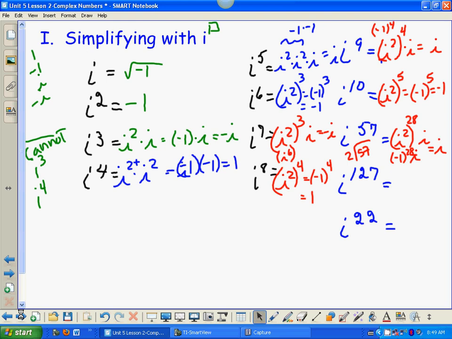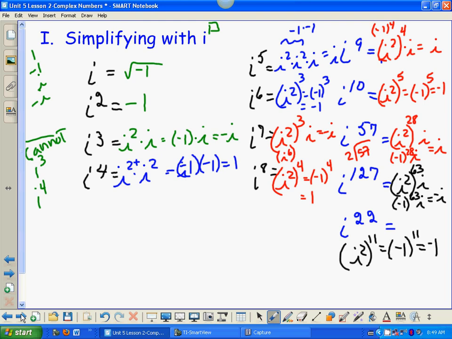If I do i to the 127th, same thing. Write down i squared. 2 goes into 127 63 times without going over, and then I have an i. But when I take negative 1 to the 63rd, that's going to leave a negative i. i to the 22nd is going to be i squared raised to the 11th power, and a negative 1 to the 11th power stays negative 1.